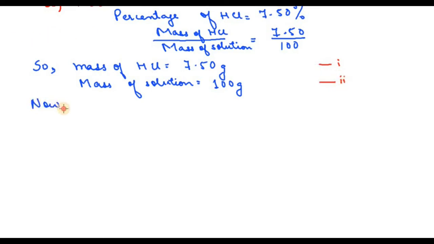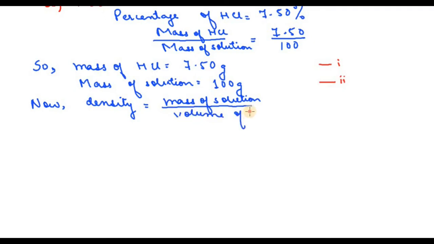Now we know density of solution is equal to mass of solution over volume of solution. So we know the density of solution that is given in the question and the mass of solution from equation 2. So we can calculate volume of solution here.